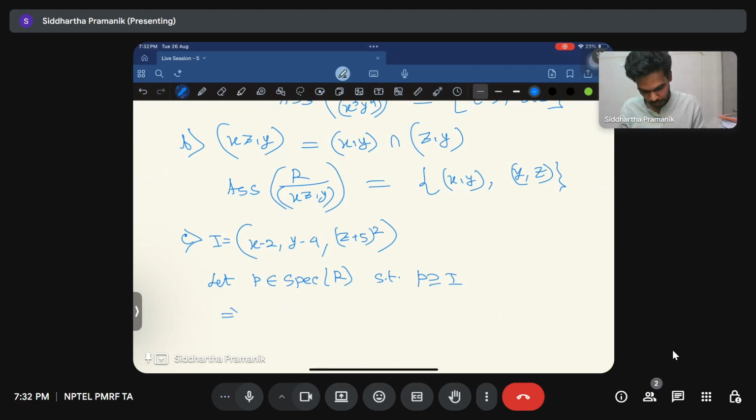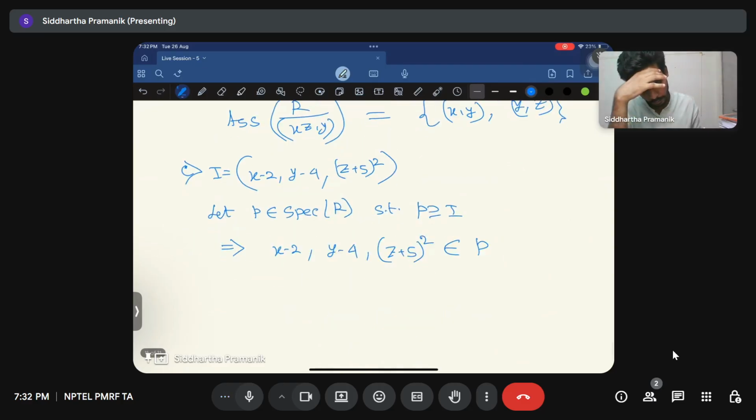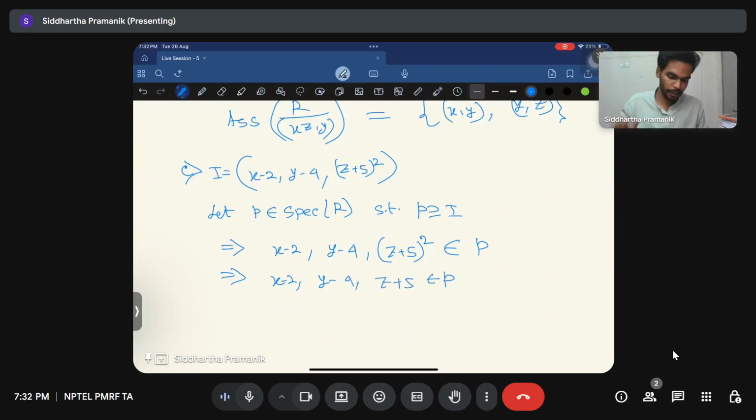Okay, I will tell why I am doing this. P contains I, that will imply x minus 2, y minus 4, and (z plus 5) squared, all these three elements belong to P. Now that will imply x minus 2, y minus 4, and z plus 5 are also in P, because z plus 5 is a prime element. So its square belongs to P and P is a prime ideal.